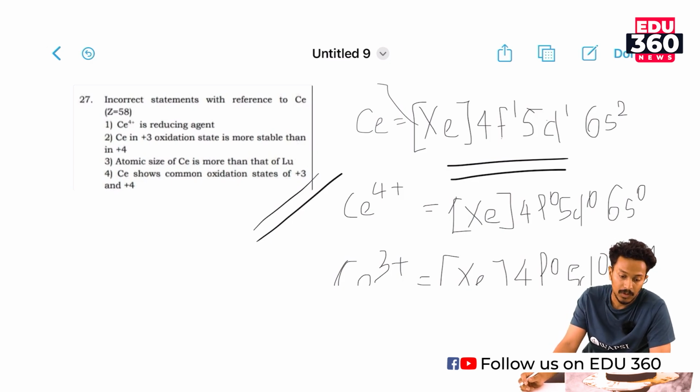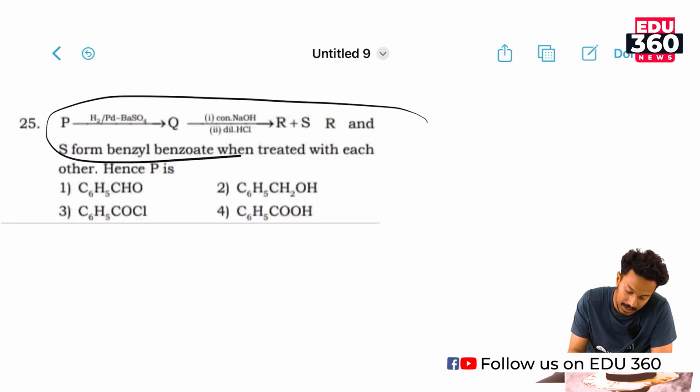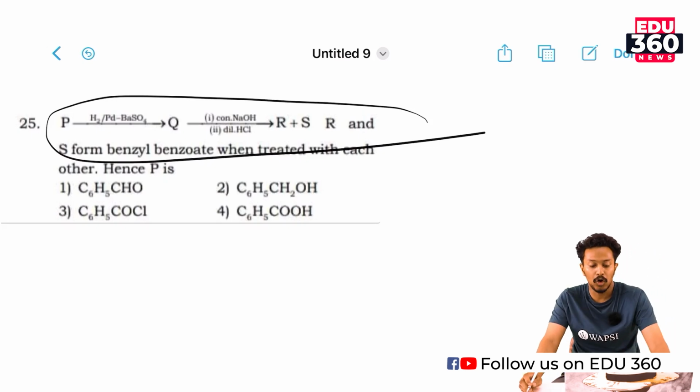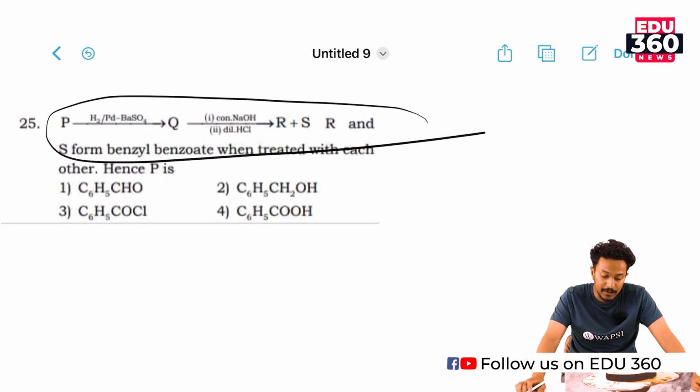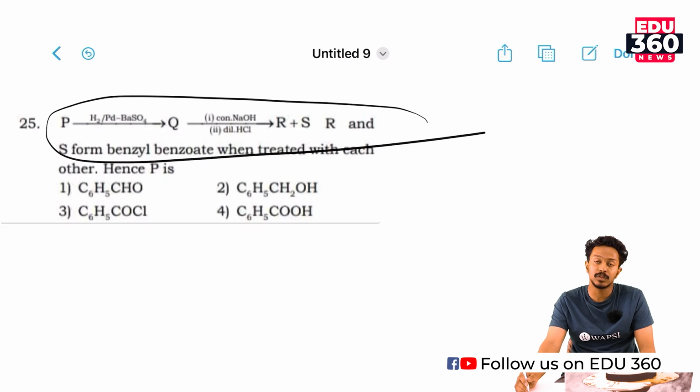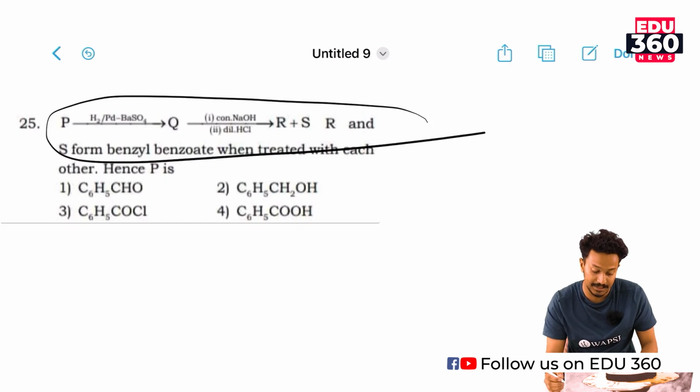Moving on to the next question. Here an unknown compound P, when treated with hydrogen along with palladium over barium sulfate, gives an unknown compound Q, which on treating with concentrated NaOH and dilute HCl gives R plus S. R and S form benzyl benzoate when treated with each other.